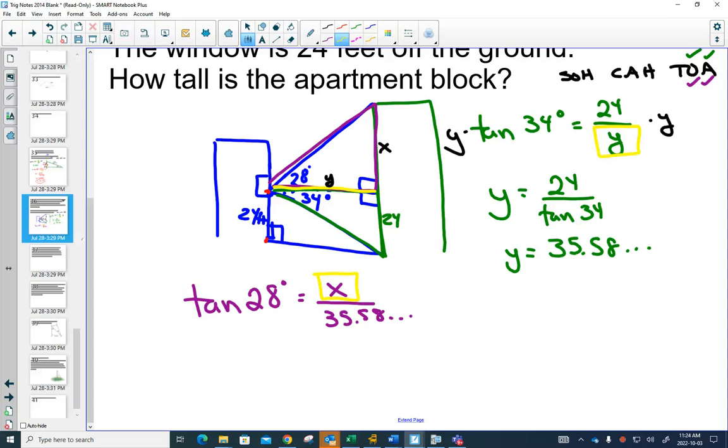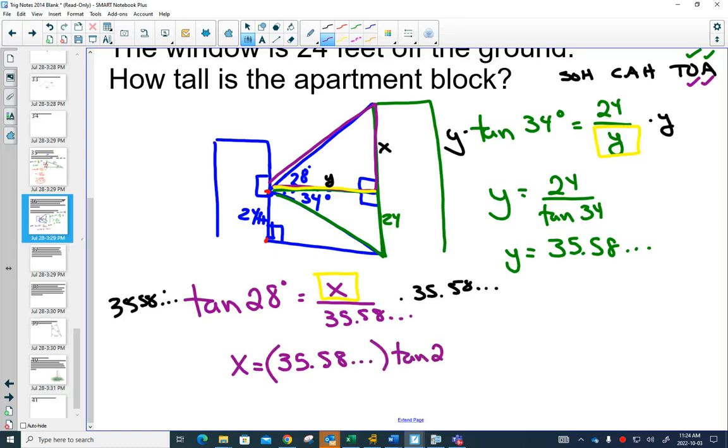The opposite of dividing by 35.58 would be to multiply both sides by 35.58. And so we would get x is equal to 35.58 dot, dot, dot, multiplied by tan of 28.